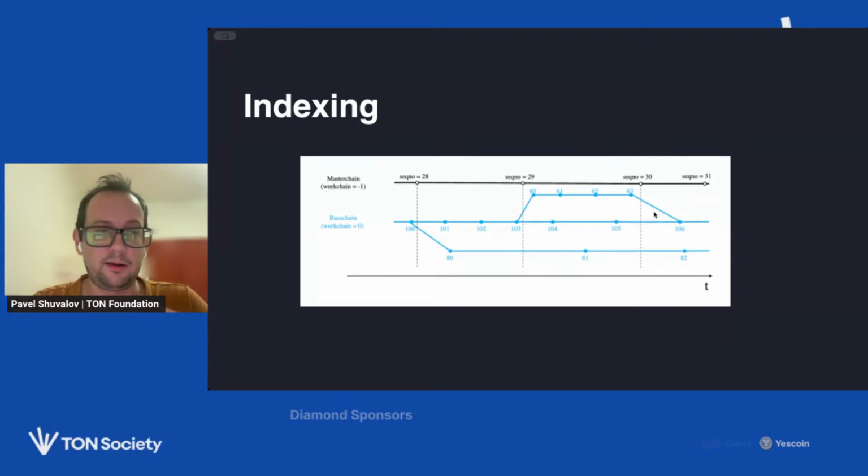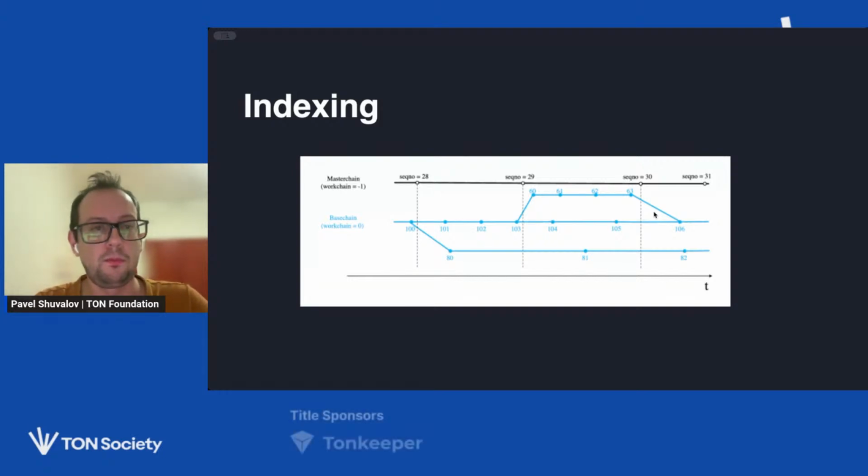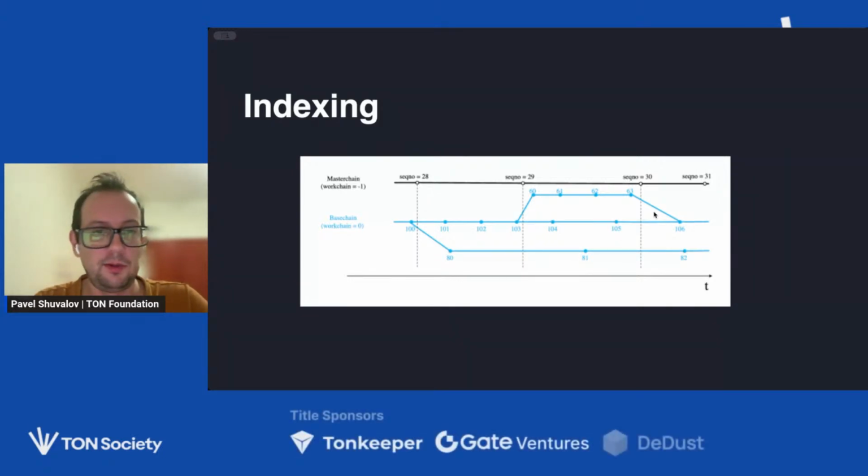And inside the basechain, we have multiple shard chains. During the indexing process, you have to track all the shards inside each masterchain block, and to track all the blockchains between these shards. So it's more complicated than, for example, Bitcoin.